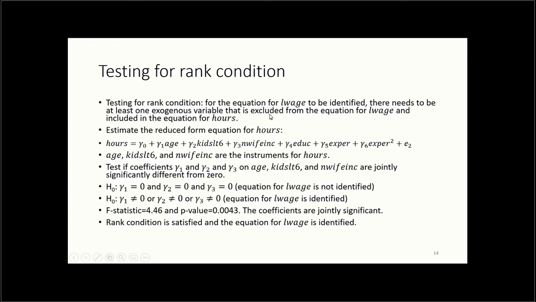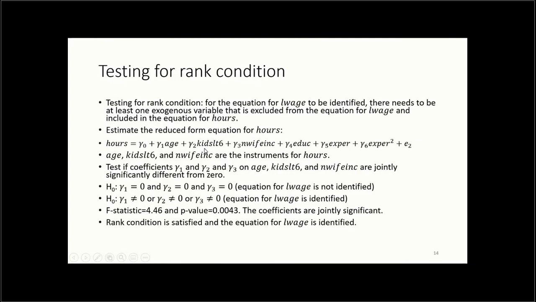So now doing the same thing for the equation of log wage to be identified, there needs to be at least one exogenous variable that's excluded from this equation for log wage and included in the equation for hours. So now we can estimate the reduced form equation for hours. Here these would be the instruments for hours, and these are the exogenous variables.